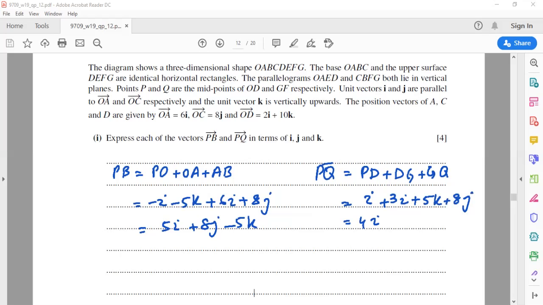So it becomes 4i plus 8j plus 5k. Now let's go further.